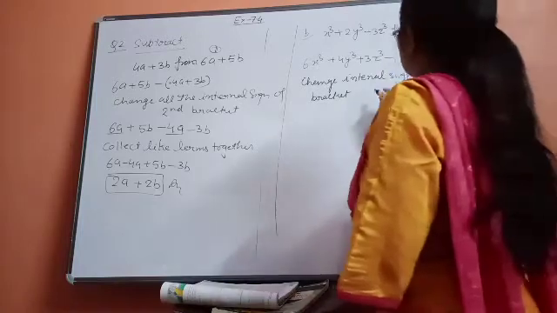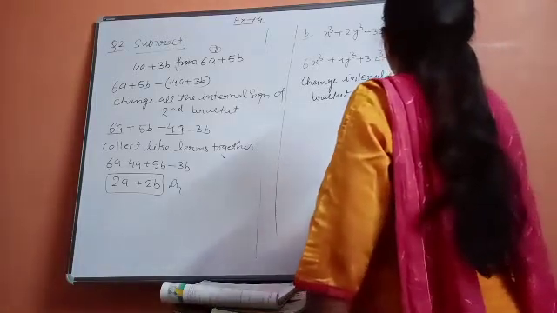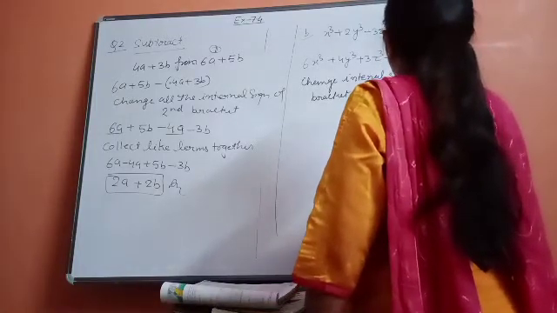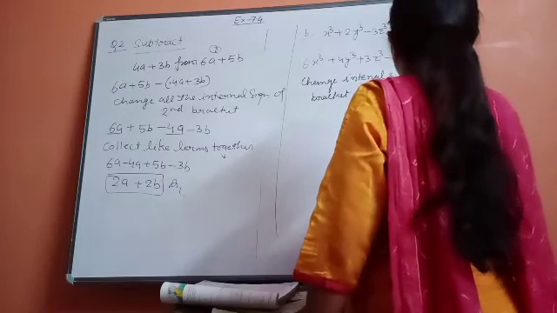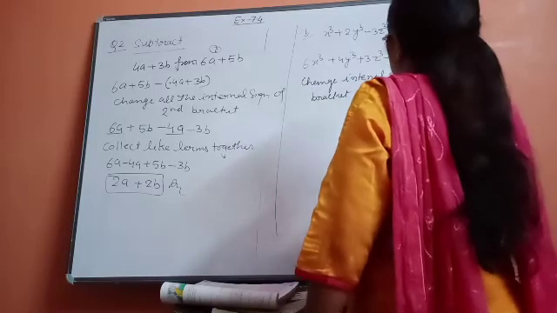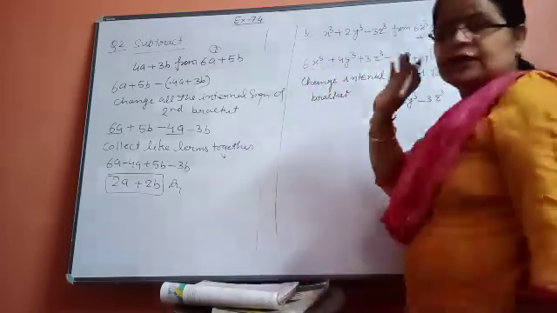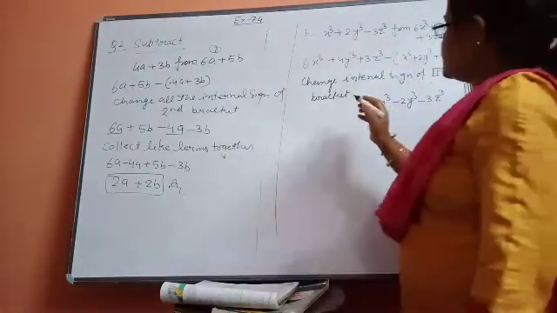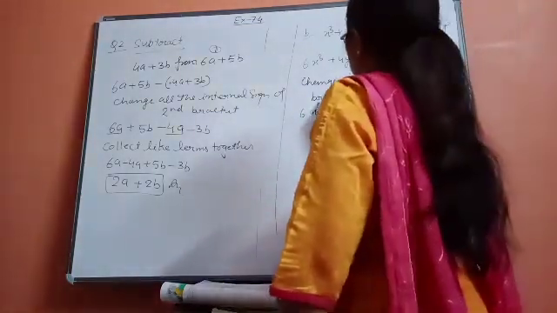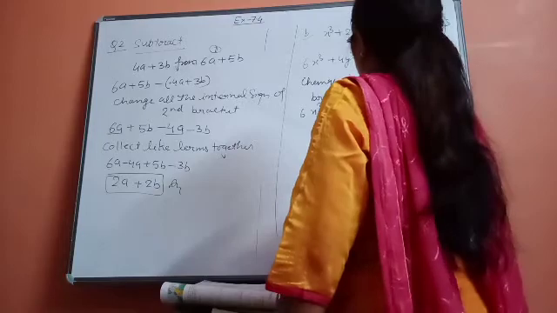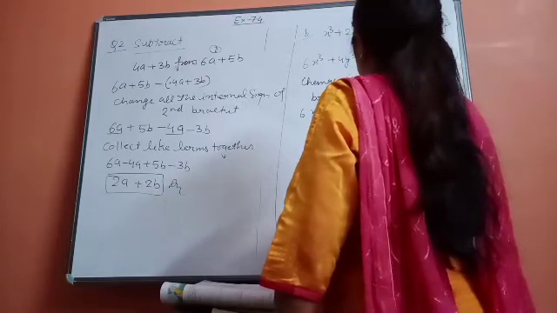So here plus is there, so it will become minus x cube. Here plus is there, so minus 2y cube, and plus 3z is there, so minus 3z cube. And there will be no change in the first bracket signs, so it will remain the same: 6x cube plus 4y cube plus 3z cube.